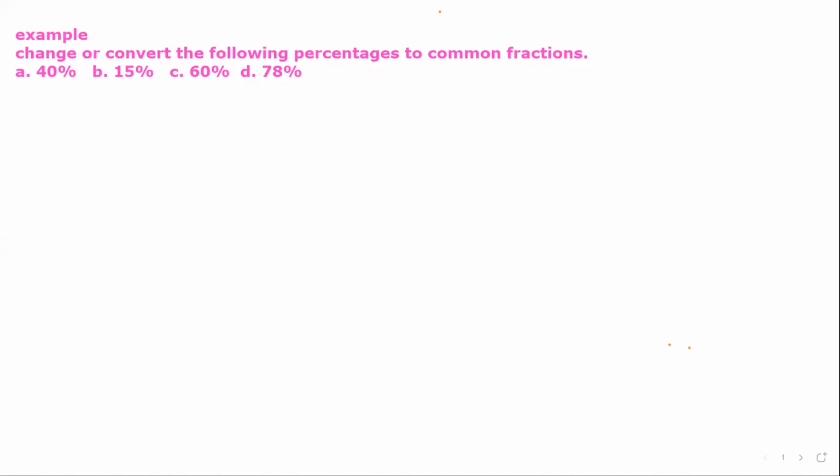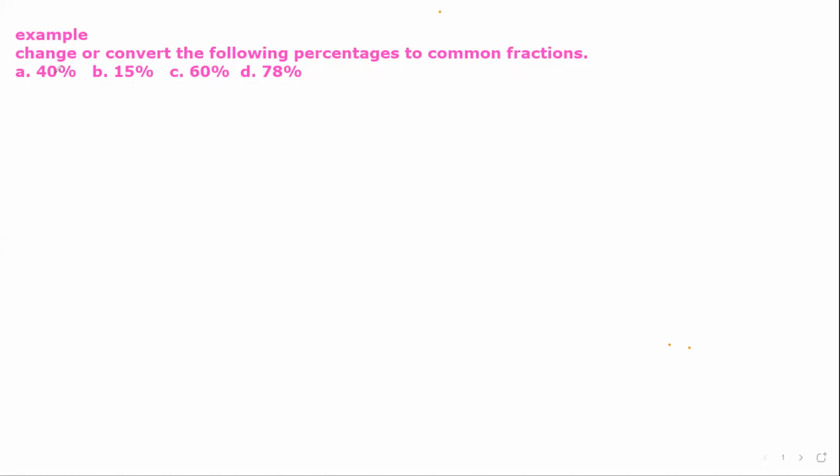Now, example. Change or convert the following percentages to common fractions. Now you have 40% to change to common fraction. A common fraction is also a state of having a numerator and denominator. So in order to change 40%, you divide the entire 40 by 100 and you start doing your cancellation.